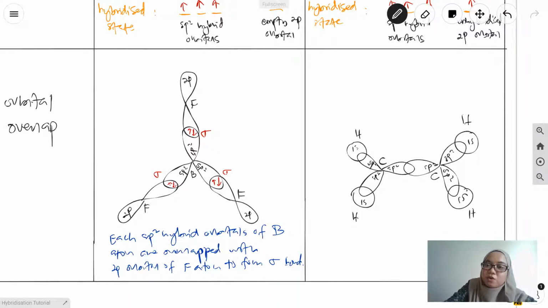So we have done the formation of sigma bonds: the sigma bond between the sp2 hybridized orbital of carbon and the 1s orbital of H.